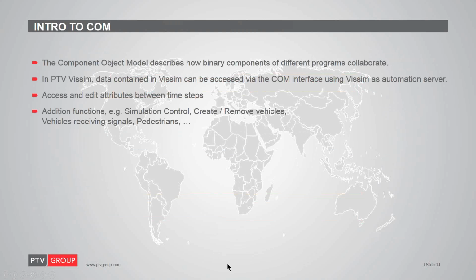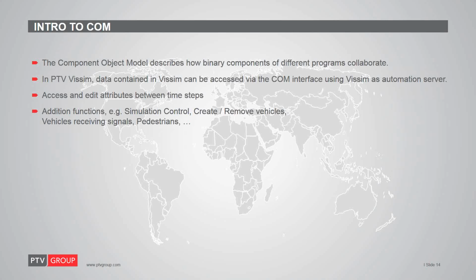The COM interface, component object model, is a Microsoft interface which is used for how different programs collaborate with each other. For example, you can start Vissim and control Vissim from Excel, or you can make use of MATLAB to control Vissim, but also Python or Visual Studio or something like that.